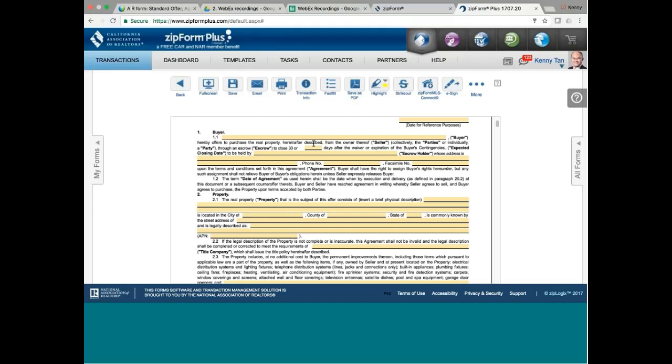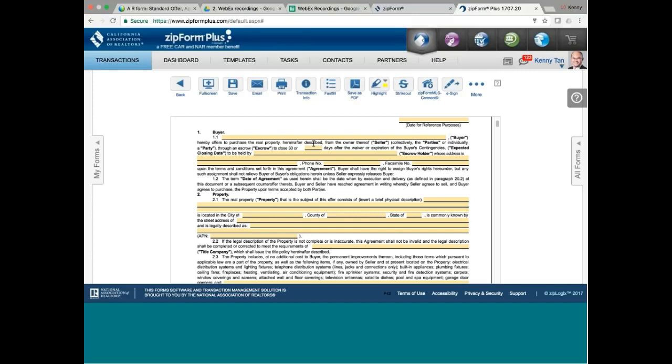What does that mean? Here's what it means. I submit the offer today using the CAR form, and that offer is to purchase the property with a 30-day escrow period. 30-day escrow, right? Now today is the 24th of July. If I submit an offer today, and if it's accepted today, I have both parties' signatures on the form.